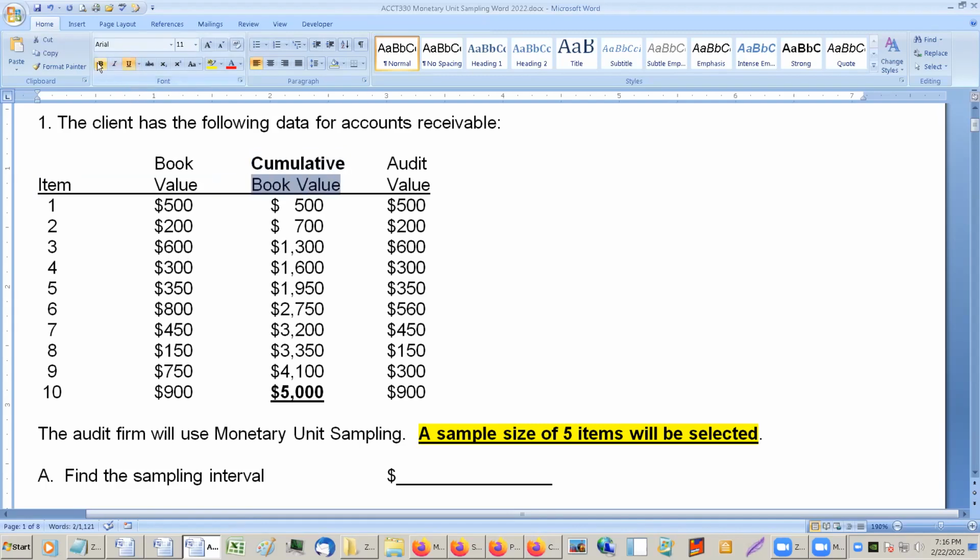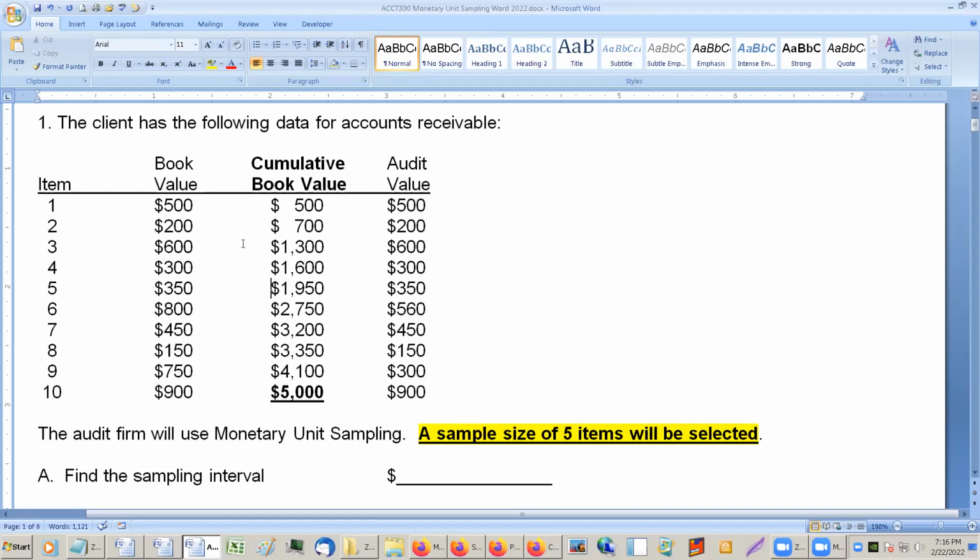We're going to look for the item that crosses the first $1,000. So which item crosses the first $1,000? Item 2, close.